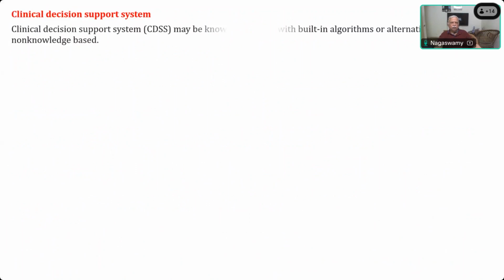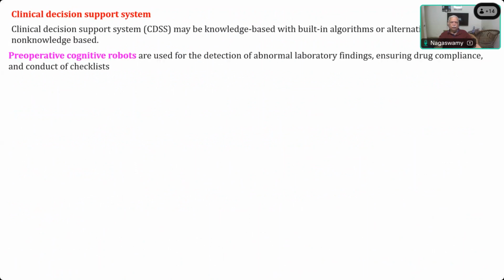Now there is a third thing called the clinical decision support system, which is also part of artificial intelligence. So what does it know? It has knowledge-based built-in algorithms, or alternatively non-knowledge-based ones also. The preoperative cognitive robots are used for detection of abnormal laboratory findings. You can feed all the investigation reports into that, and it will pick them up.